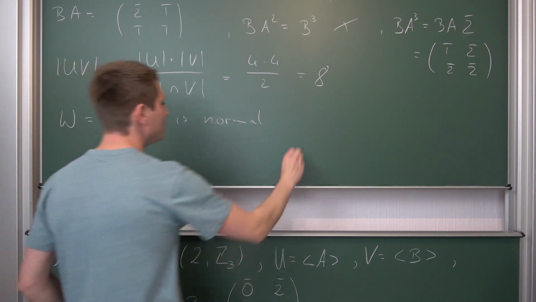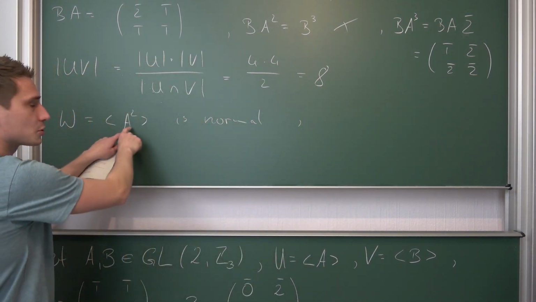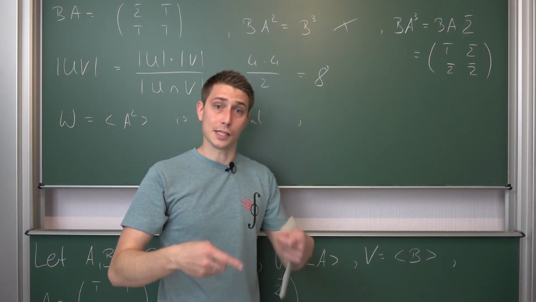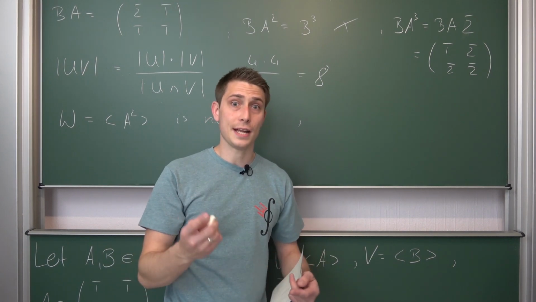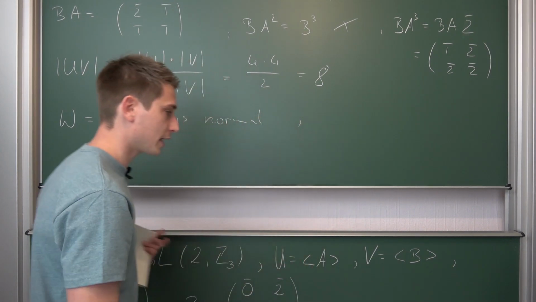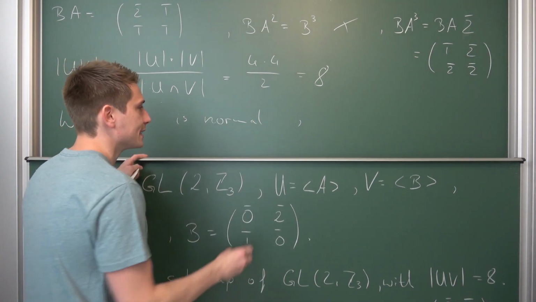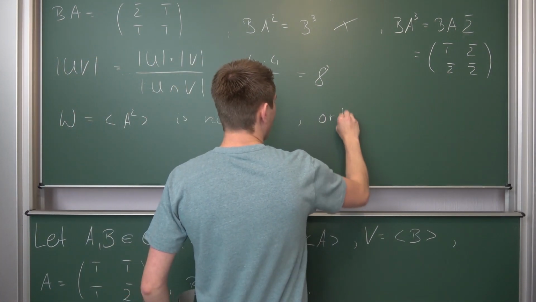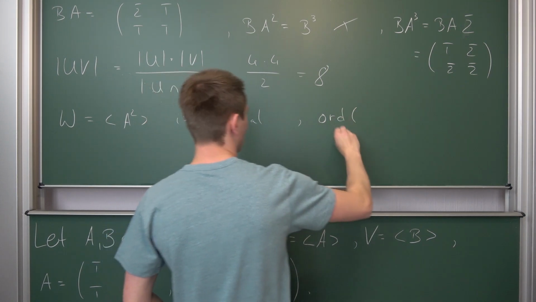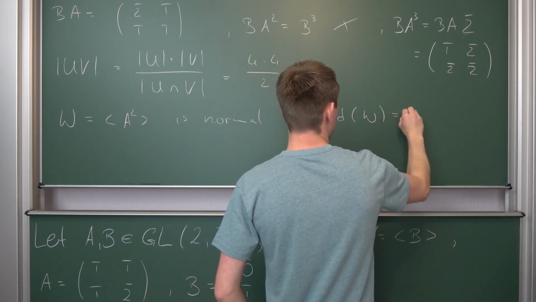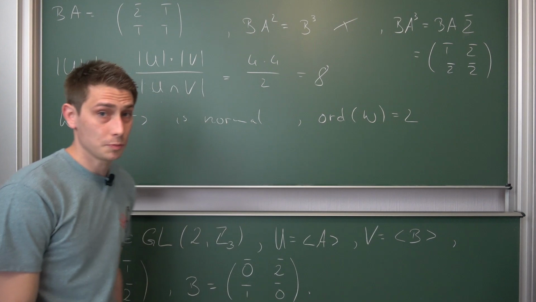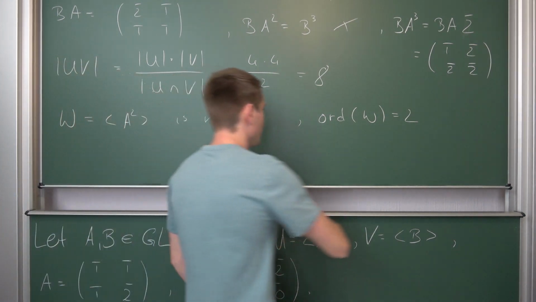The order of W is pretty easy to compute because the order of A is 4, meaning the order of A squared is thus 2. Squaring A squared is going to give us A to the 4th power as the identity. So we have that the order of W is nothing but 2. Like I said, it's going to be important later.